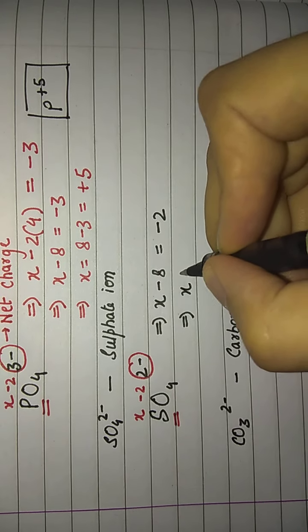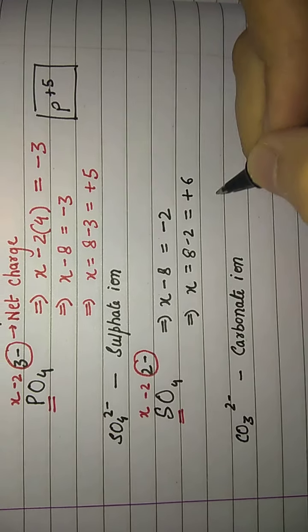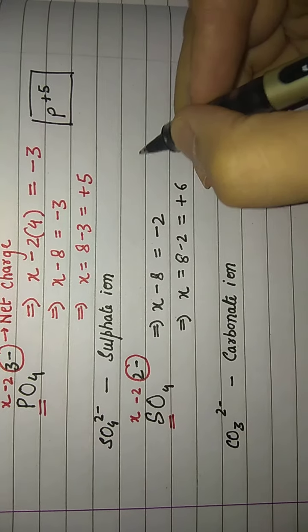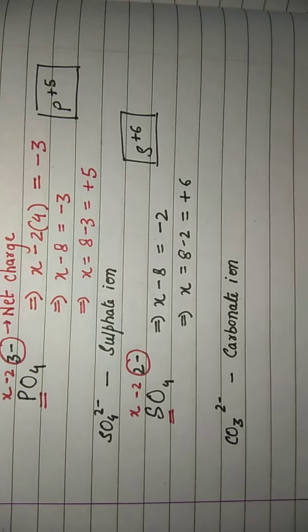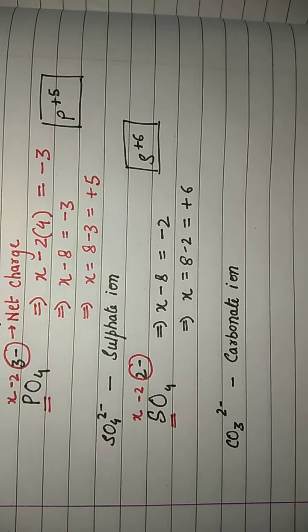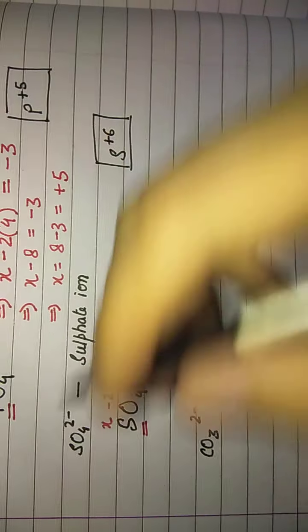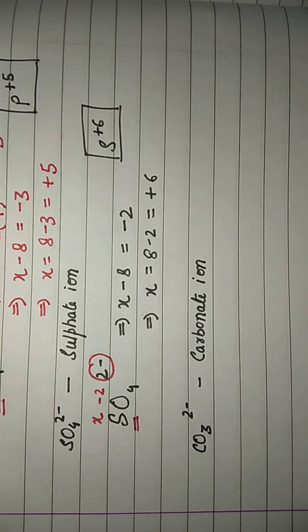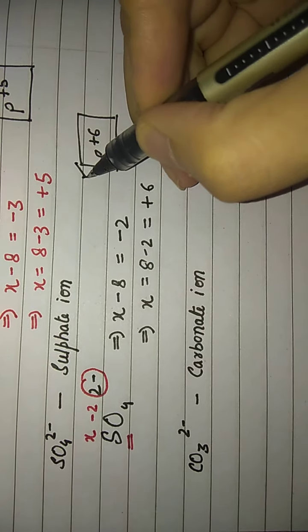So X is equal to 8 minus 2, which is equal to +6. So sulfur exhibits an oxidation state of +6 in the polyatomic ion sulfate.